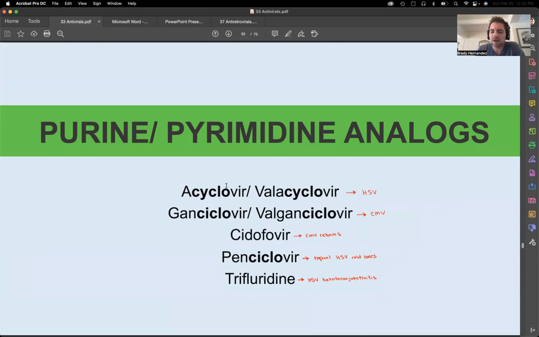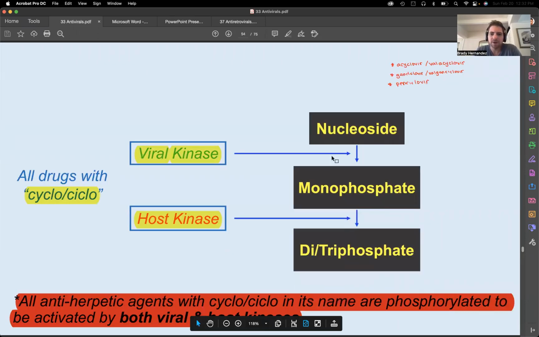Remember, it has to be activated by the viral kinase, which is good because if you take the medication and you don't have the virus, the drug doesn't get activated. And then for CMV, remember you want to use ganciclovir. Cidofovir is for CMV retinitis specifically, and then some other ones for HSV cold sores and the conjunctivitis as well.